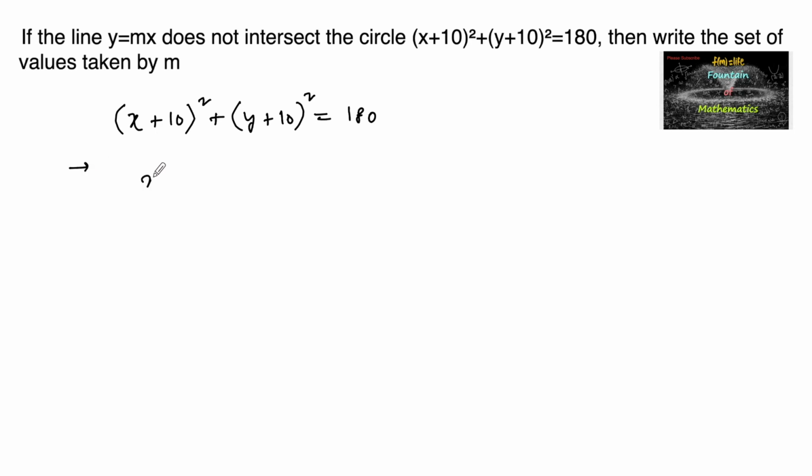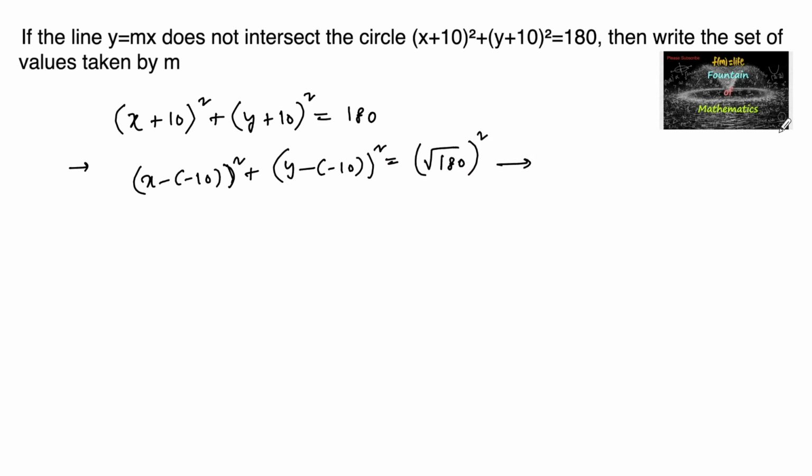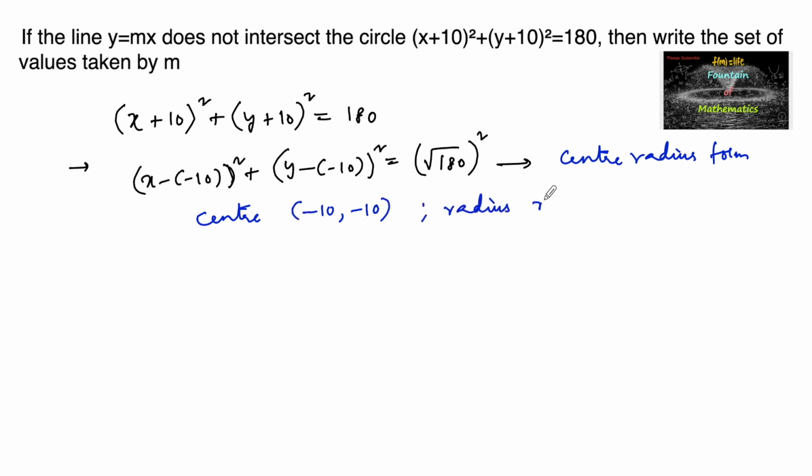This can be written as x minus of minus 10 whole square plus y minus of minus 10 whole square is equal to root of 180 whole square, which is in the center radius form. The circle has center minus 10 comma minus 10 and radius r is equal to root of 180.